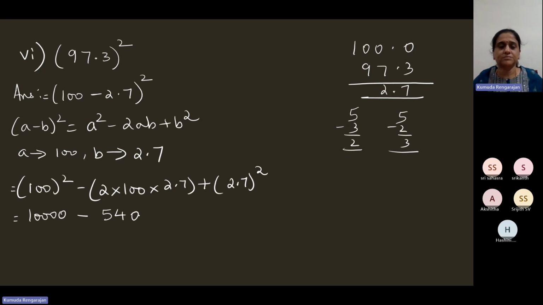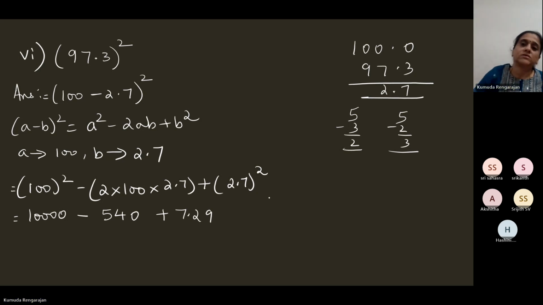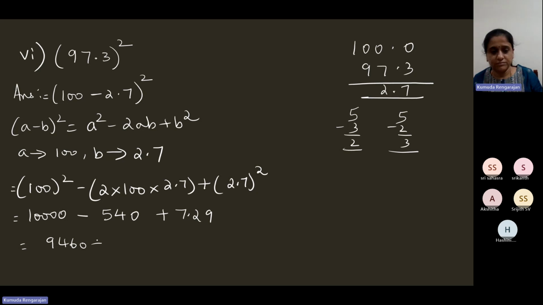Minus 540, plus 7.29. Now 10,000 minus 540 is 9,460. 9,460 plus 7.29 is 9,467.29. Okay. Got it?